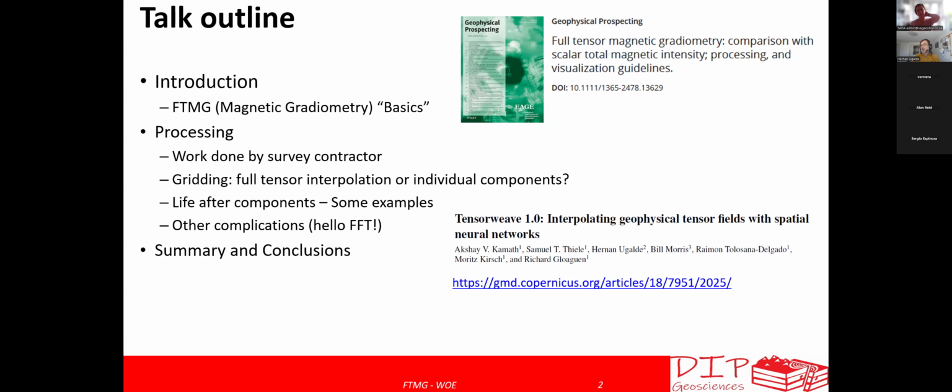And then I want to touch on what to do with all those components. Andrew was showing great results on how to use the components in model inversion to model the data and try to separate the different kinds of sources. That is of course a great use of the data, but there are many complications.